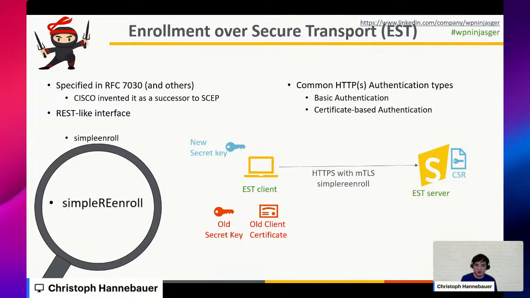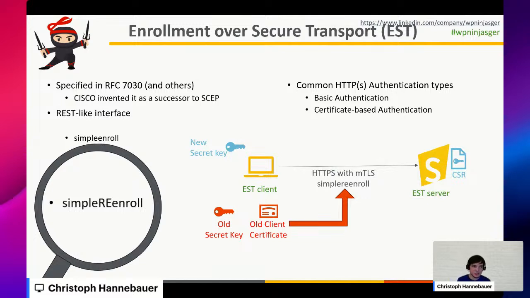And it sends this over an HTTPS channel, so uses TLS, but mutual TLS. Usually when you use TLS, most of the time, only the server authenticates itself with the server certificate. But with mutual TLS, also the client does a client certificate authentication and proves that it owns a specific certificate. And in this case, it uses the old client certificate.